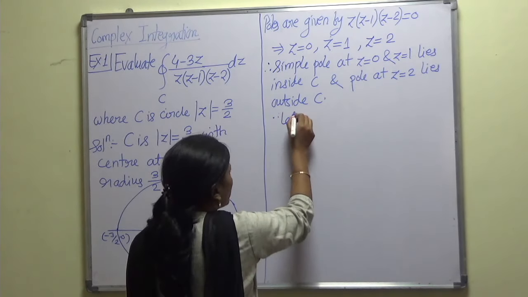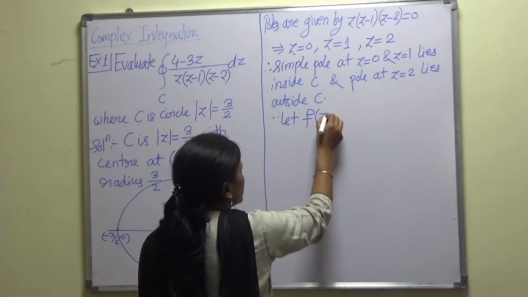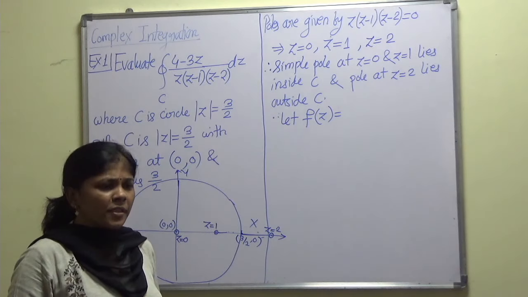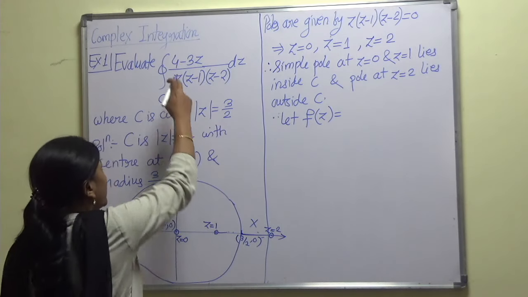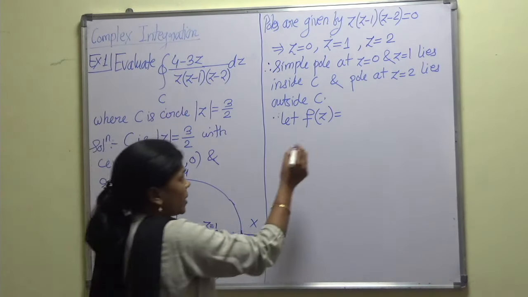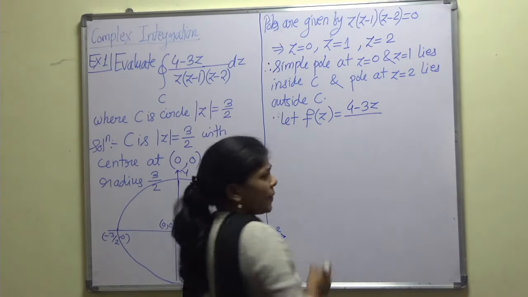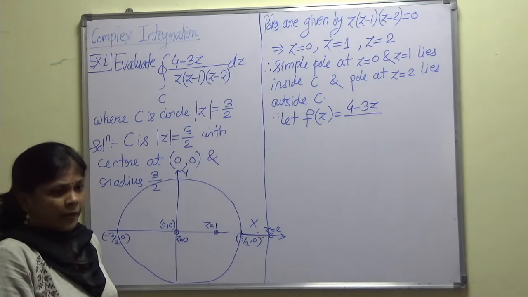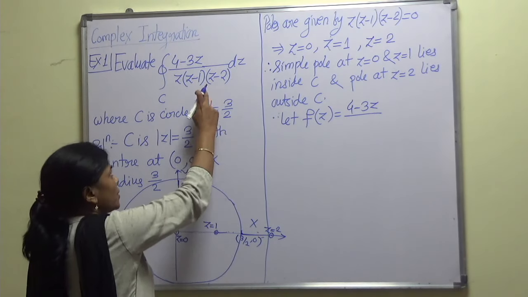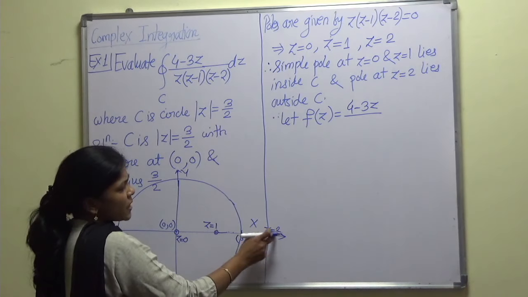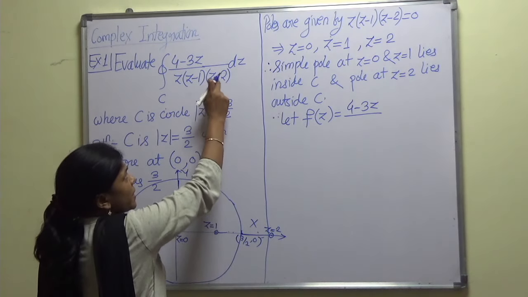Therefore let f of z equal to, so what should be the definition of this f of z? It is nothing but the numerator of this integrand. What is the numerator? The numerator is 4 minus 3z, and the part of the denominator which is going outside the circle. So what is that? z equal to 2, which I get when I equate z minus 2 as 0.